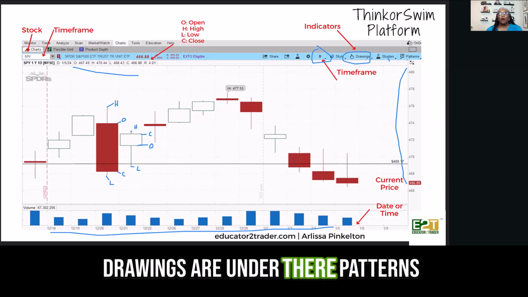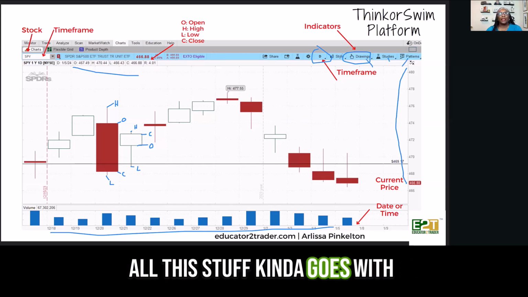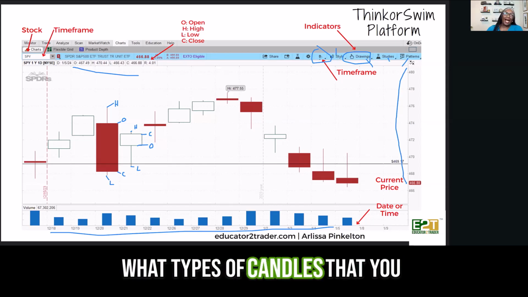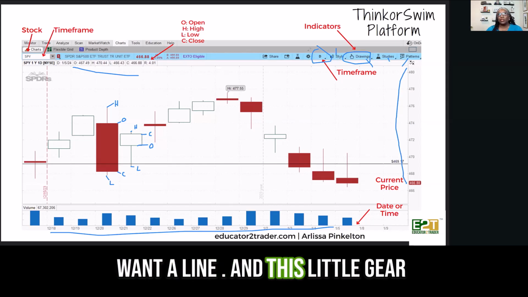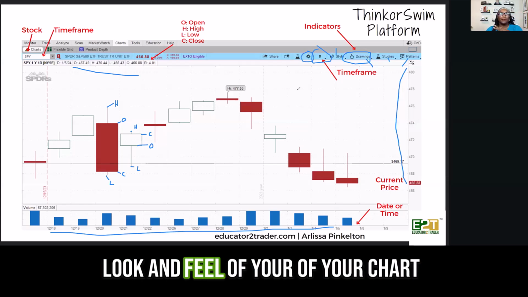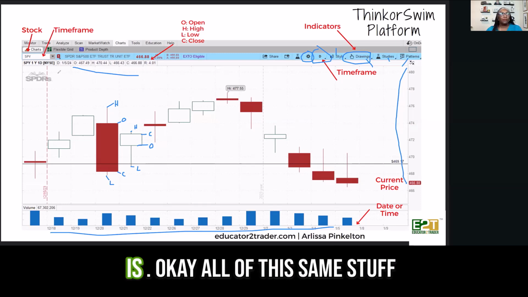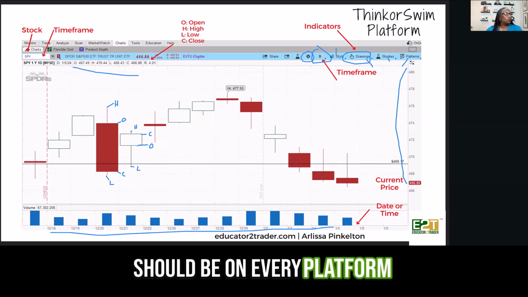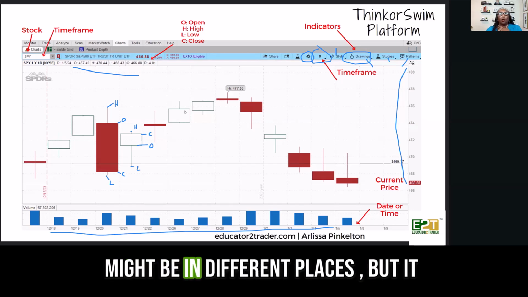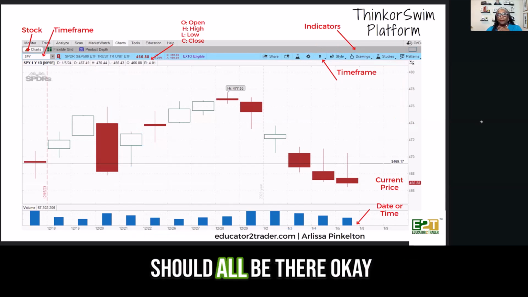Drawings are under there. Patterns, all this stuff kind of goes with indicators. The style is going to tell you whether you want candles, what types of candles, or a line. And this little gear here is going to control the look and feel of your chart. All of this same stuff should be on every platform, regardless of who's the provider. It might be in different places, but it should all be there.